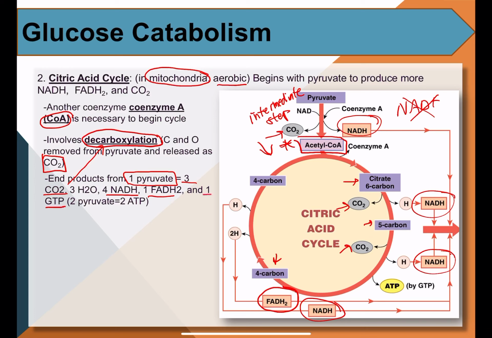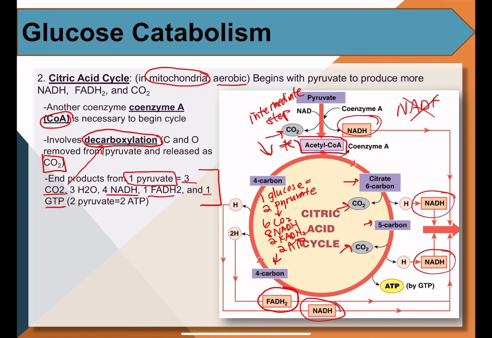Now, because 1 glucose molecule makes 2 pyruvate molecules, all of these gains would be doubled if we're talking about 1 glucose molecule. So one molecule of glucose is equivalent to 2 molecules of pyruvate, which then through Krebs cycle is able to make 6 CO2, 8 NADH, 2 FADH2, and 2 ATP molecules.